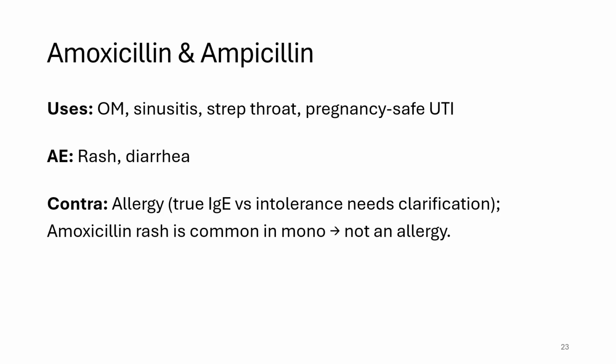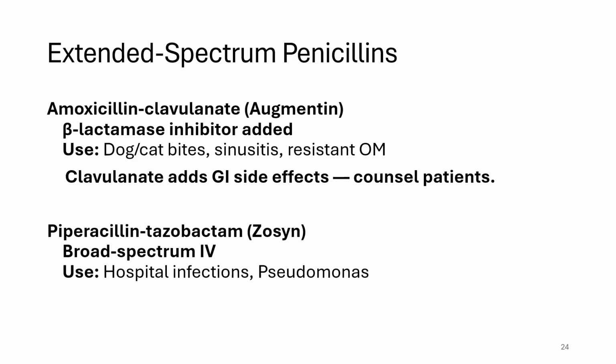The patient is not allergic to penicillin or the penicillin class, even though it may be labeled as such. So always clarify allergy history before avoiding beta-lactams. Doing so can significantly expand the number of safe and effective antibiotic options that your patient has.